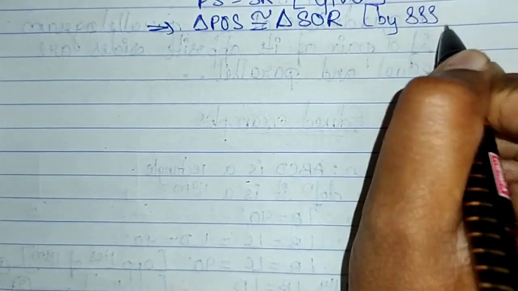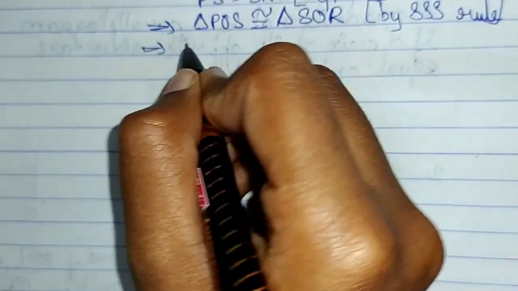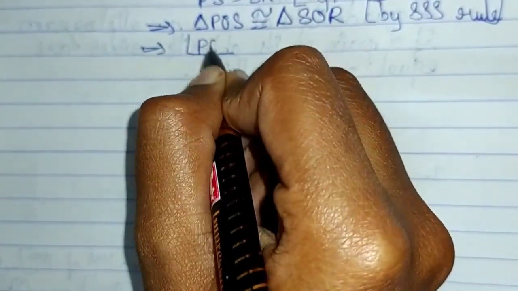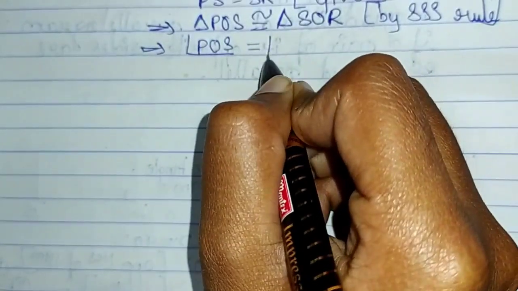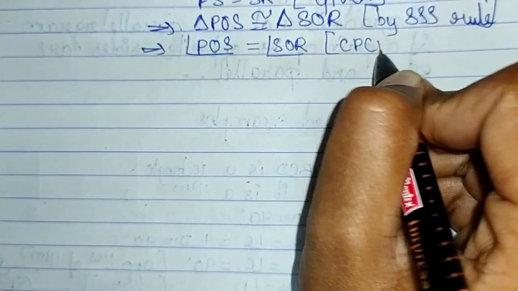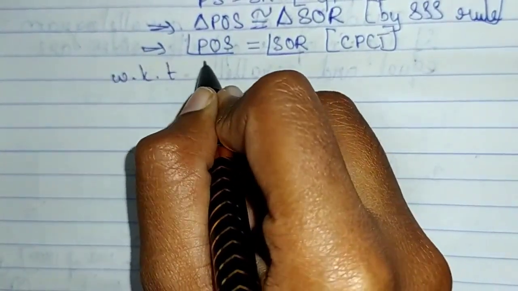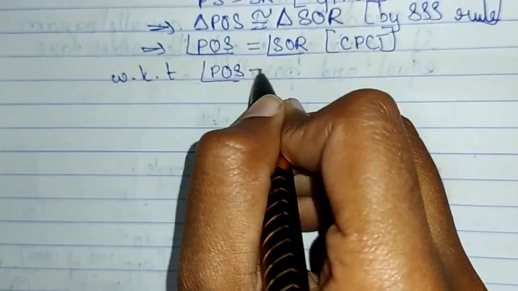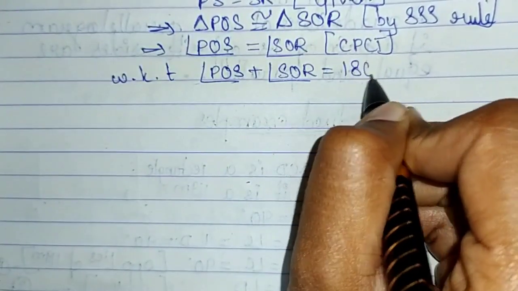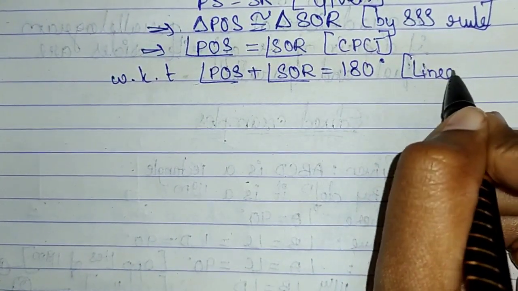SSS rule. So this implies angle POS is equal to angle SOR by CPCT. Also we know that angle POS plus angle SOR is equal to 180 degrees, because they are a linear pair.